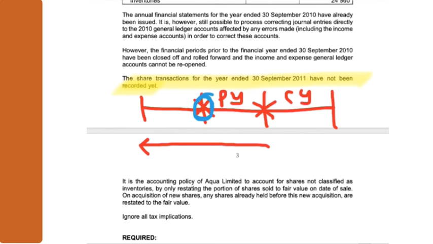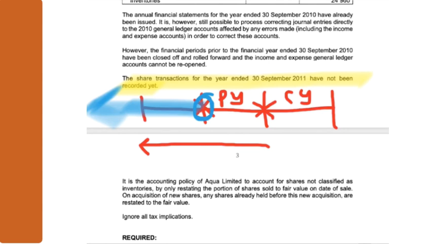A third column in your SFP if you have a prior period error or a change in accounting policy. So any changes, cumulatively, any changes that happened prior to your comparative year. So any period, and it can go back far. In this example, it doesn't go back far. In this example, there's only 2009 because before that, there were no share transactions. But it could have gone back 2008, 2007, 2006, 2005. It can go back very far.